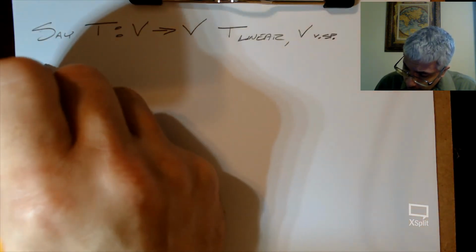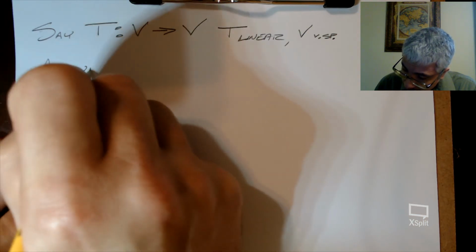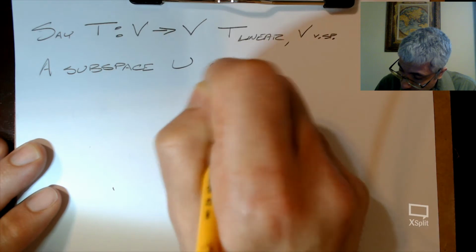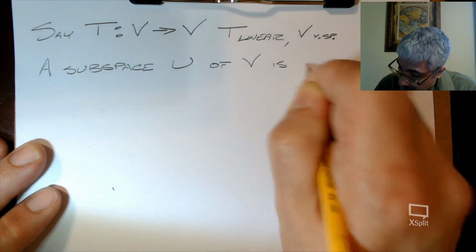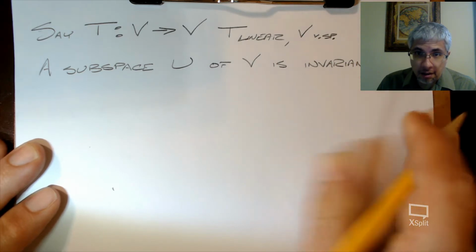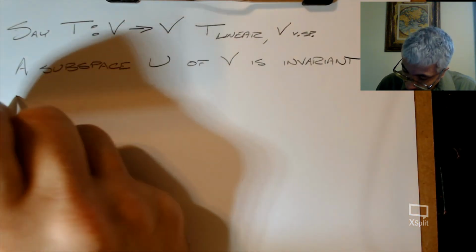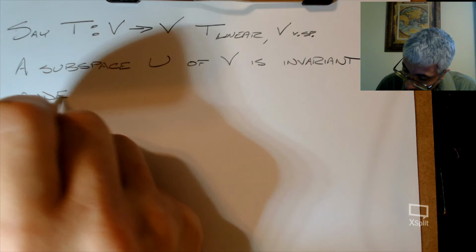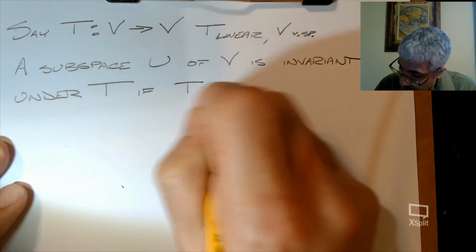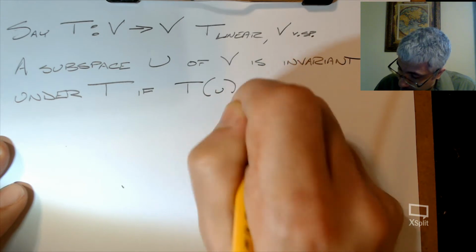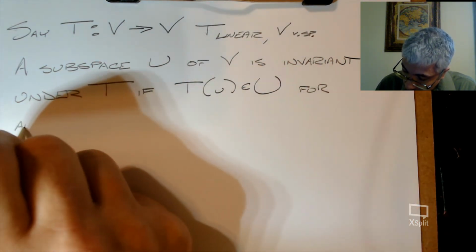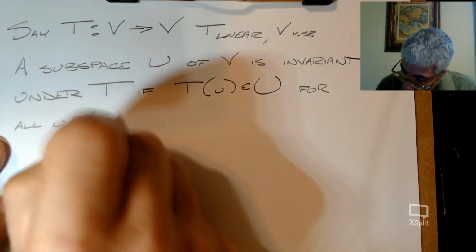So a subspace U of V is invariant under T if T of u is in U for all u in U.